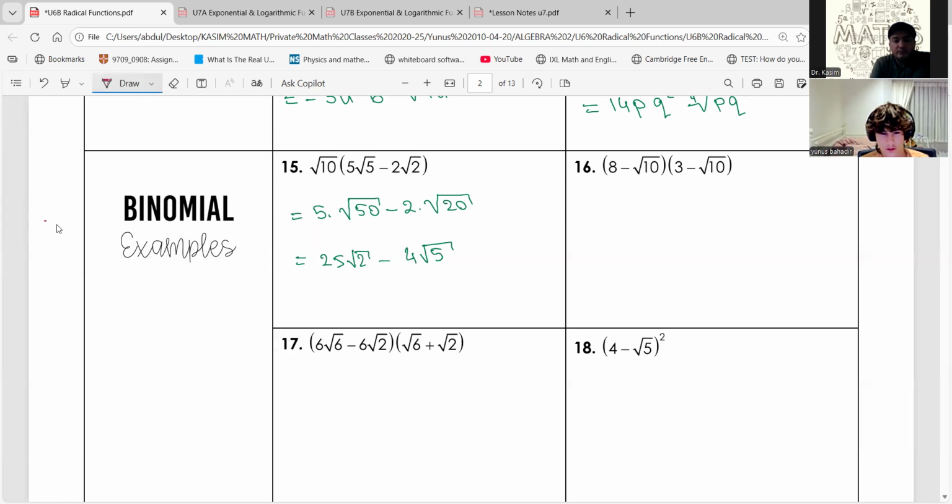We are multiplying square root of 10 multiplied by 5 times square root of 2, right? Yeah. And now I can just commute. I can rewrite this as 5 times square root of 10. Okay. And now 5 times 10.